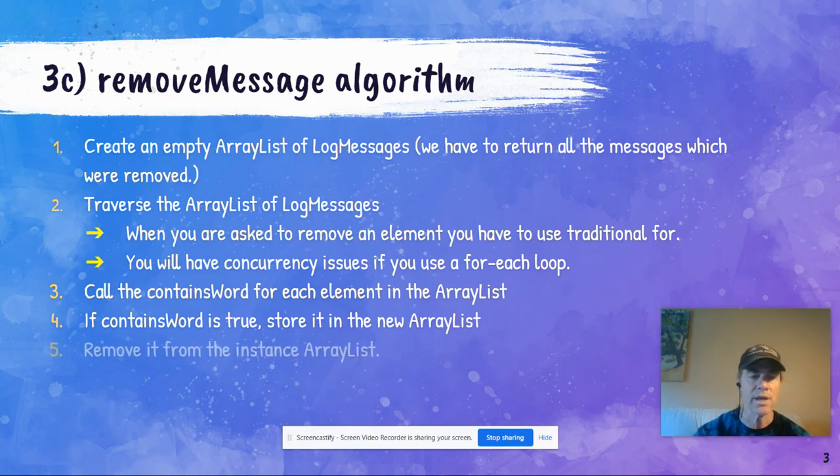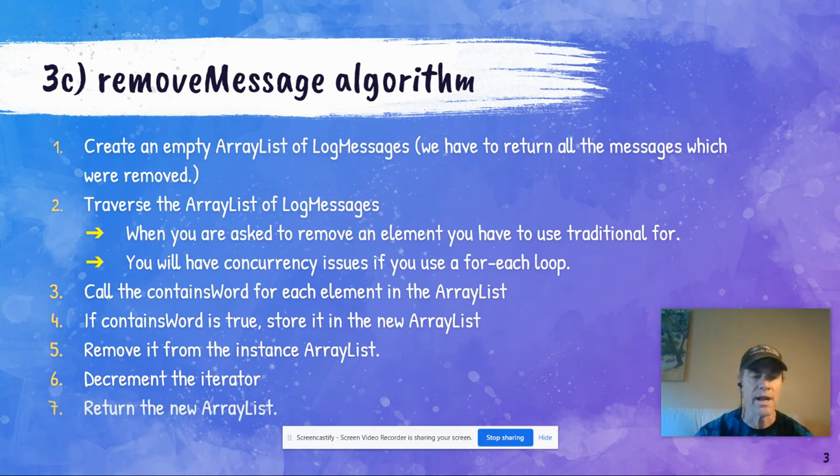We're going to remove it from the array list, and then we have to decrement the iterator afterwards. And I'll talk about the reason for that in just a second. When we're done with our for loop, the last thing we're going to do is return that array list.